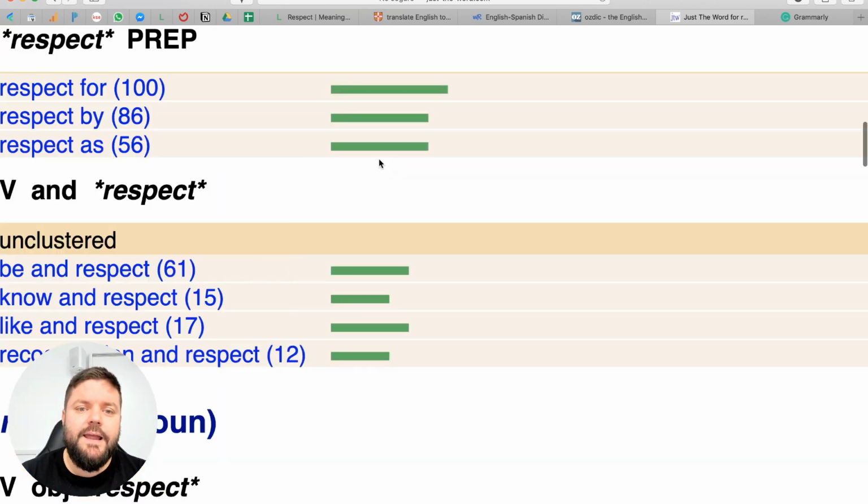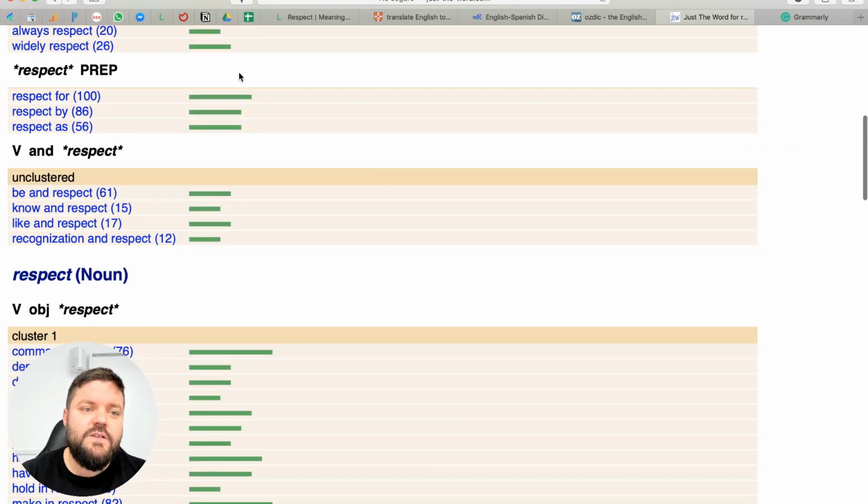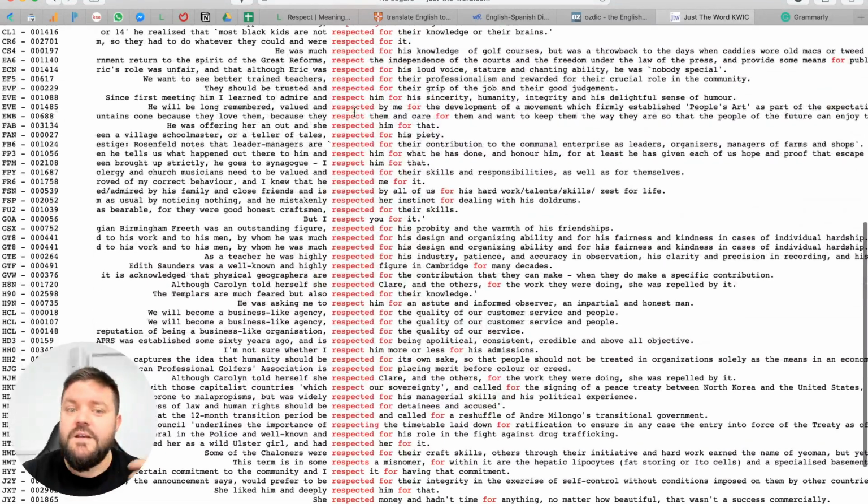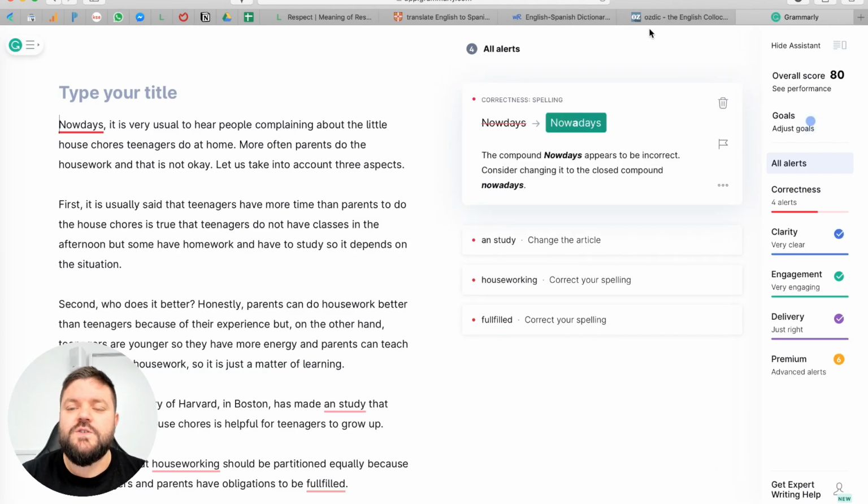And if you click there, it will take you straight to the section that contains that information. Respect for, respect by, respect as. So let's click, for example, on respect for, which is one of the combinations we've seen earlier on. And you have all of these sentences to get a context and to better understand how these two words work together. All right. So yeah, I think Just the Word is also great.